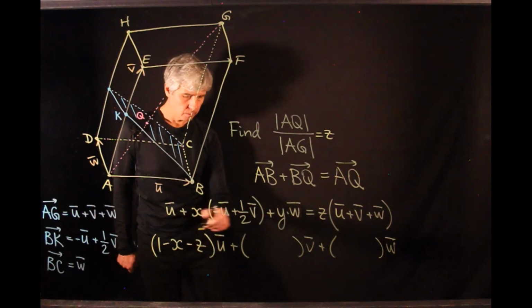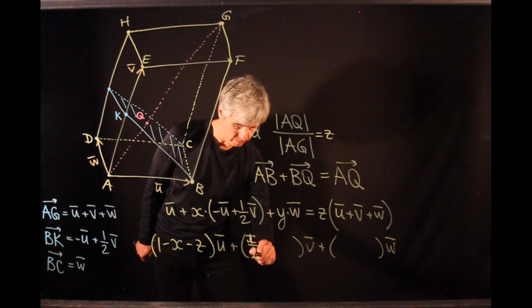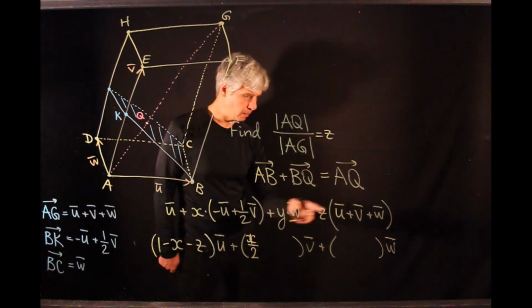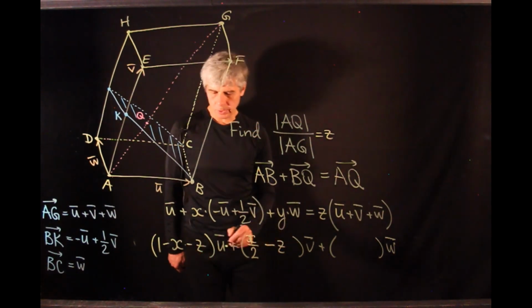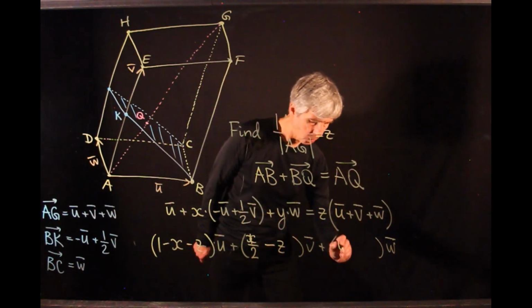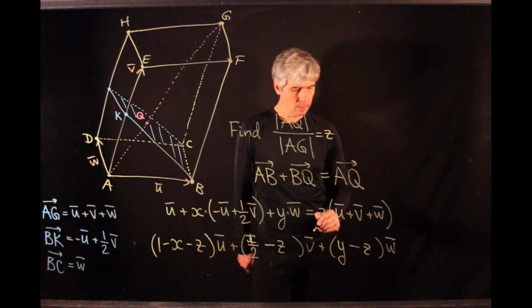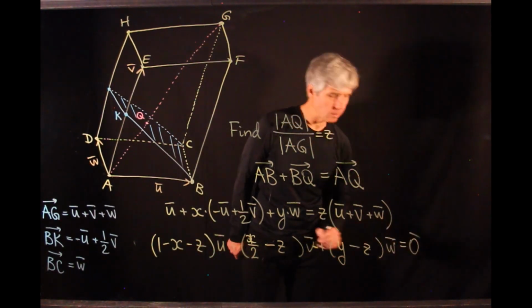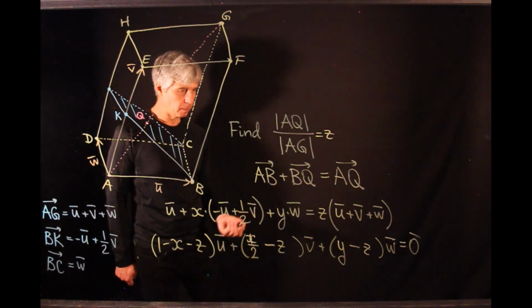Terms with v: here we get x over 2, no v here, minus z. And terms with w, we get y minus z. And this is all equal to the 0 vector. And now we apply our fundamental principle.